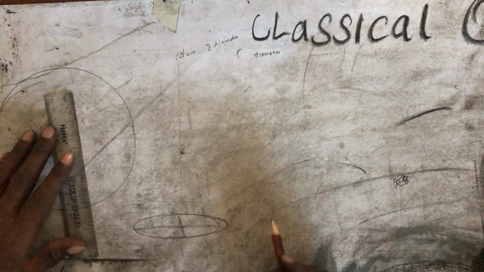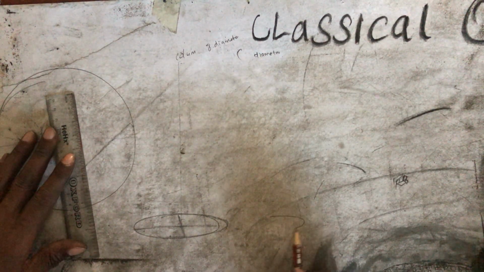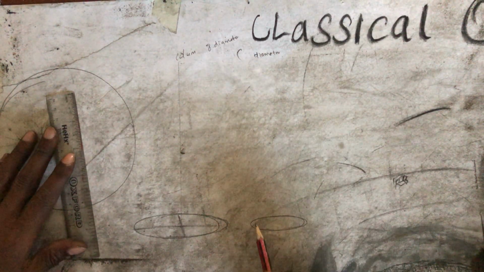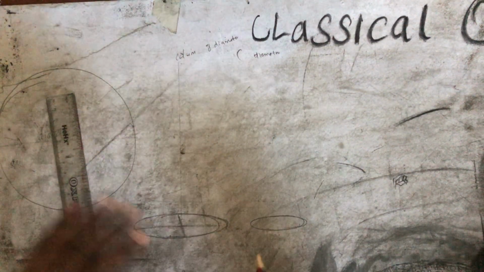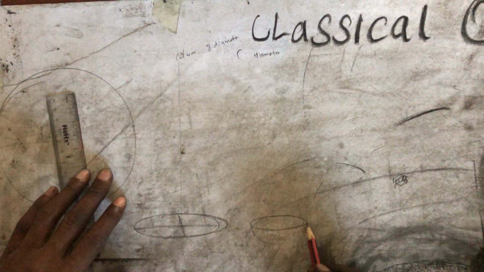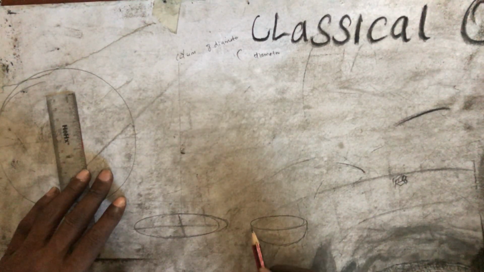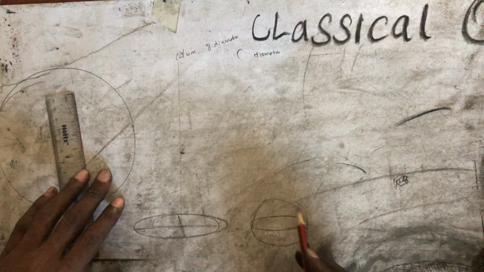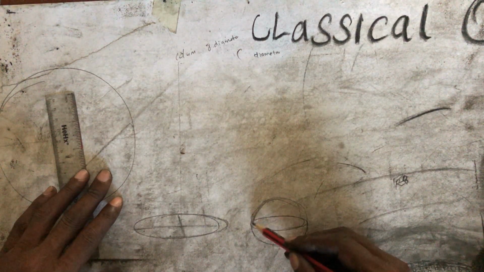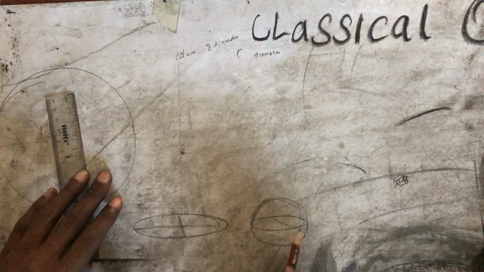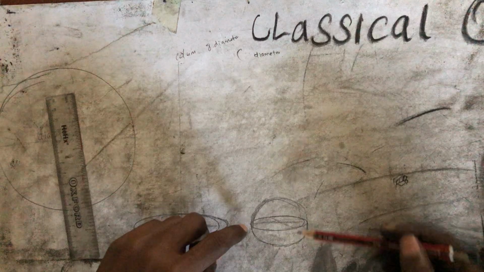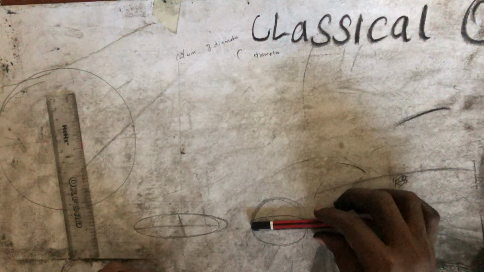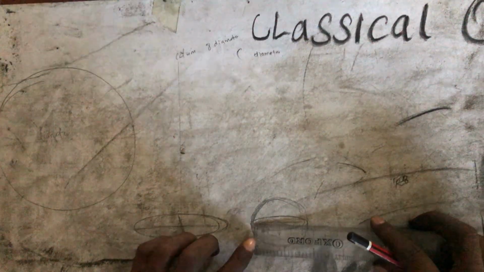So, okay, let me draw proportionate. Yeah, and these I'm assuming is like you have a sphere like that, and you can almost imagine it like that. So this is the base, and you are supposed to measure this 8 times. Let me just use a ruler instead.